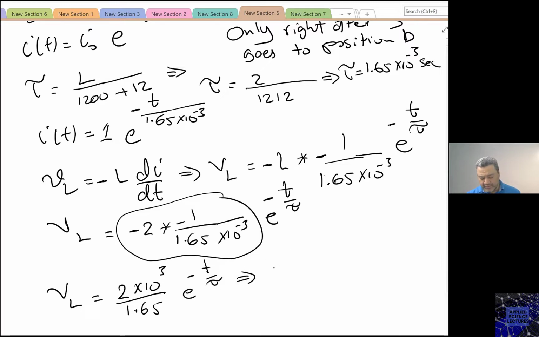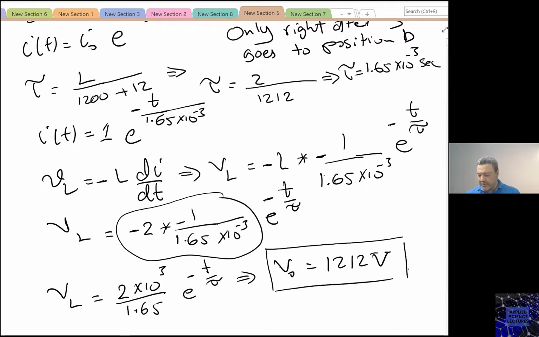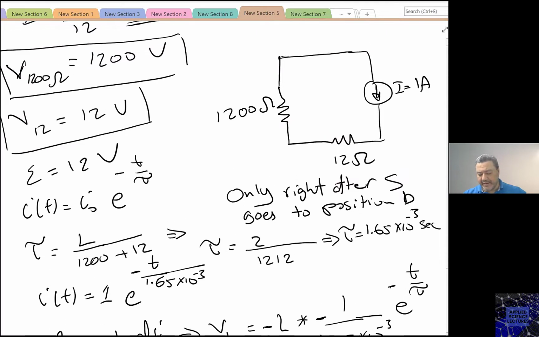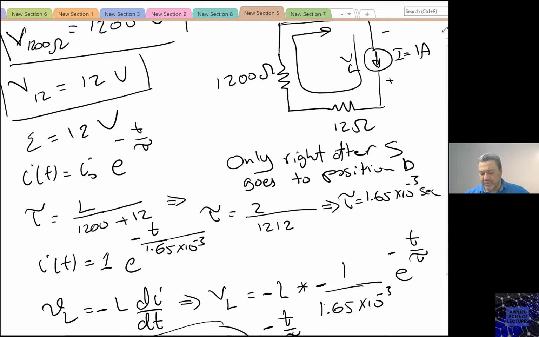And now V naught equals 1212 volts, which is the voltage across the inductor right at the moment where the switch was moved to B. And also, if you think about it, and if you take a KVL right at this moment, what do I have?